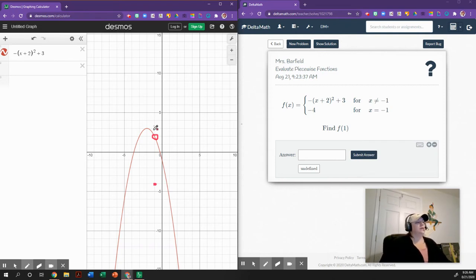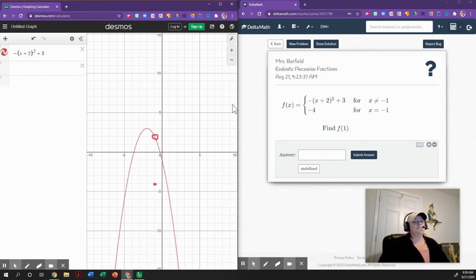Here was our picture that we can't exactly replicate on Desmos, but it still gets the job done, because there's a hole right here. You have to imagine there's a hole where x does not equal negative 1, because when x equals negative 1, it's down here at negative 4.